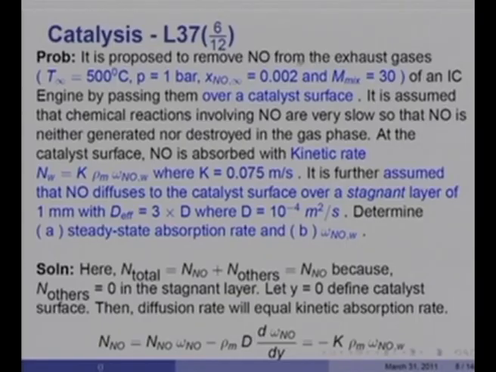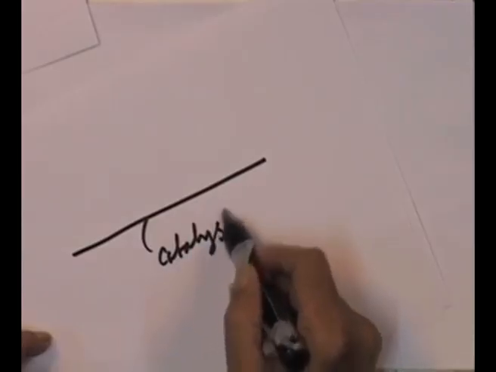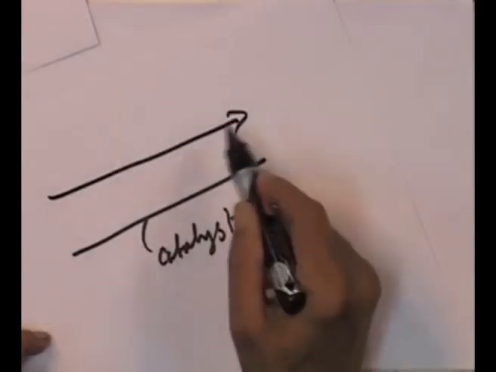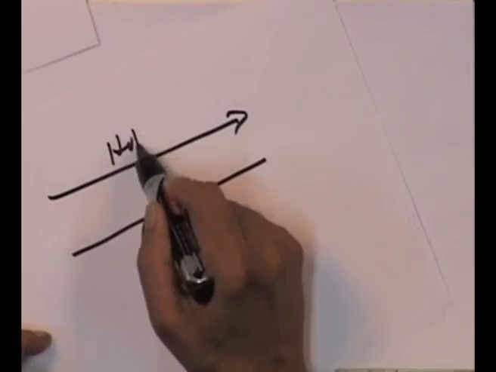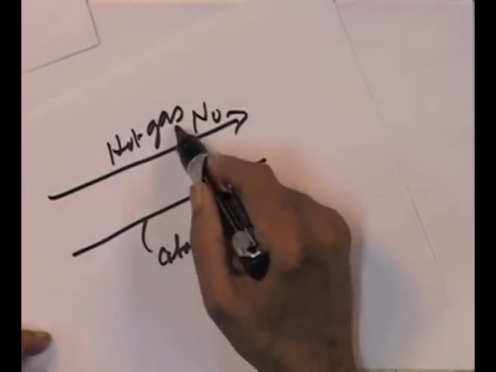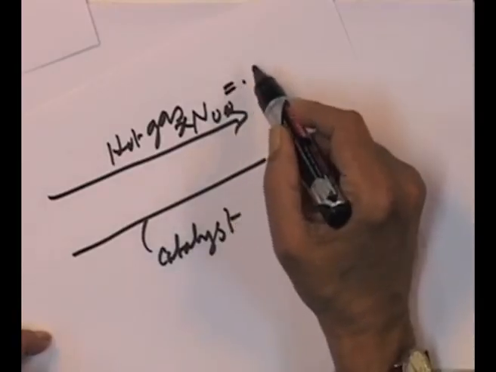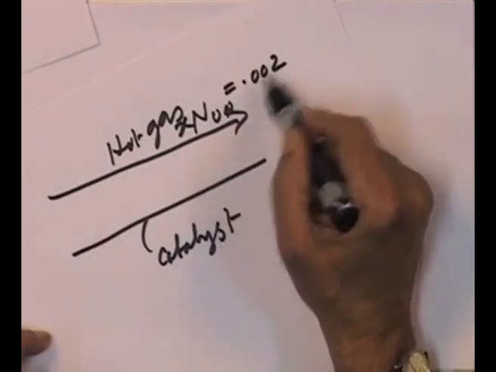Now, in order to extract NO out of this, you pass it over a catalyst surface. So, let us say you have a catalyst surface, and this is the hot gas which contains NO, x NO infinity equal to 0.002.